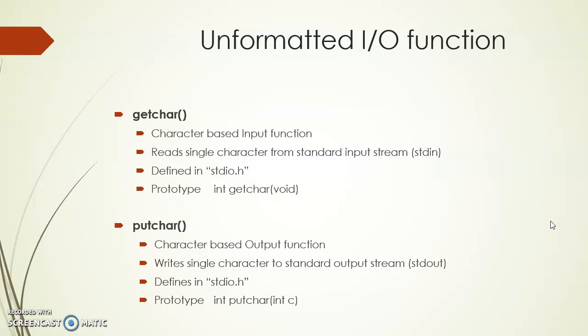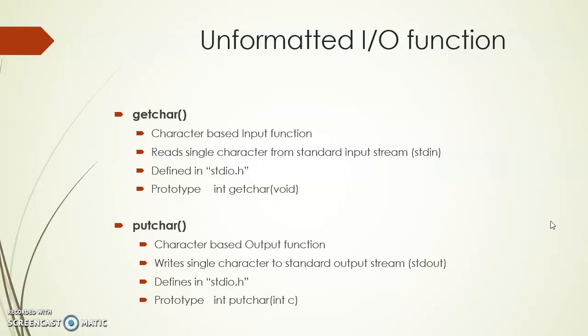Why is int data type returned here? Because the returned value, which is obviously character data type, is promoted to an integer value. We can use an integer variable as well as character variables to take the return values of getchar. Okay, we will see an example later.